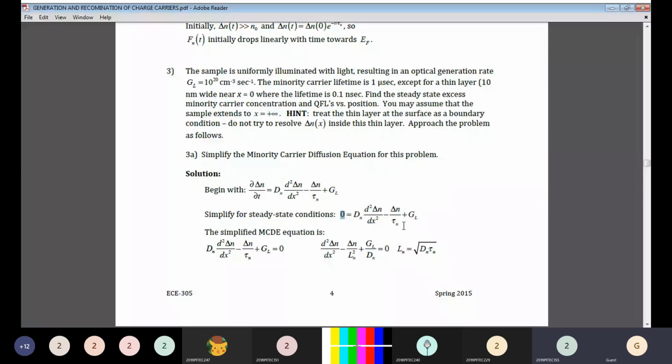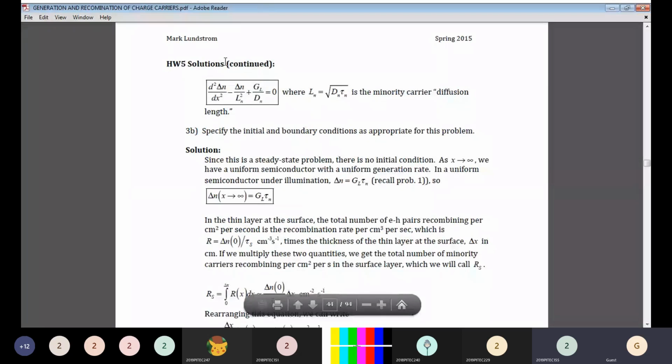The simplified minority carrier diffusion equation is Dn ∂²Δn/∂x² − Δn/τn + GL = 0, or ∂²Δn/∂x² − Δn/Ln² + GL/Dn = 0, where Ln is equal to root of Dn τn. That is the minority carrier diffusion length.